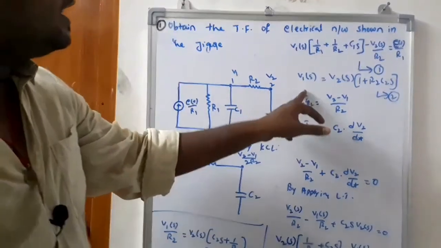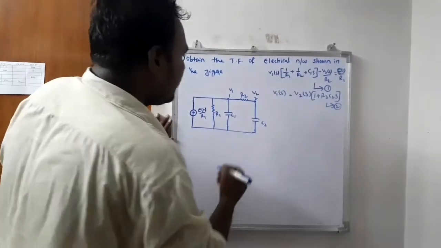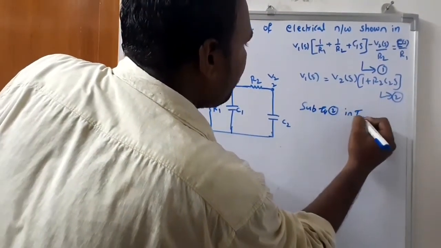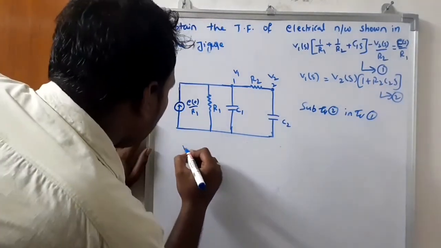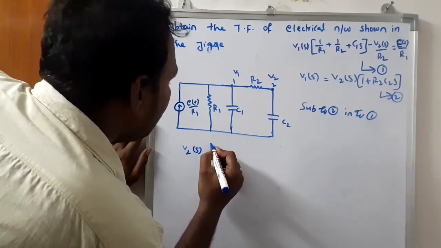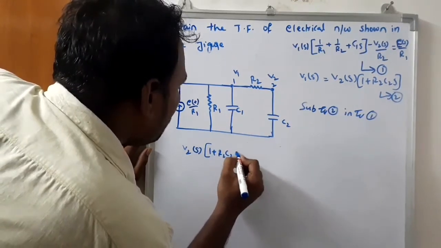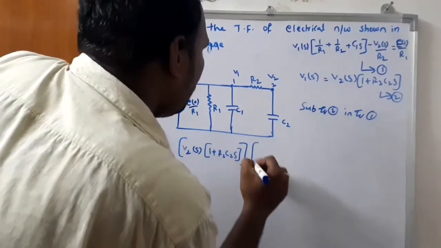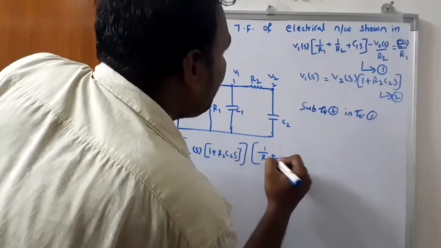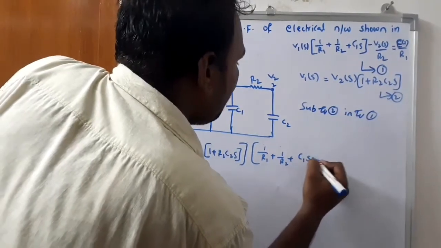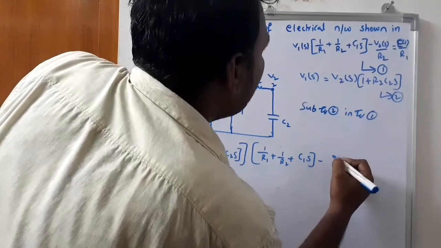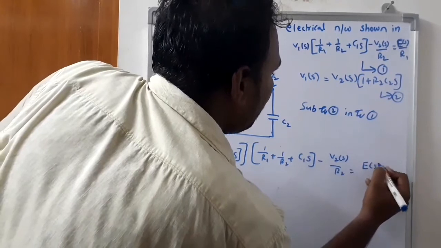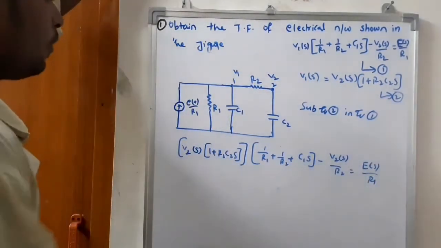Now substitute equation 2 in equation 1. So what happens? V2(s) into (1 + R2C2s), this is the value of V1(s), into (1/R1 + 1/R2 + C1s) minus V2(s)/R2 is equal to E(s)/R1. Now take LCM of this term.